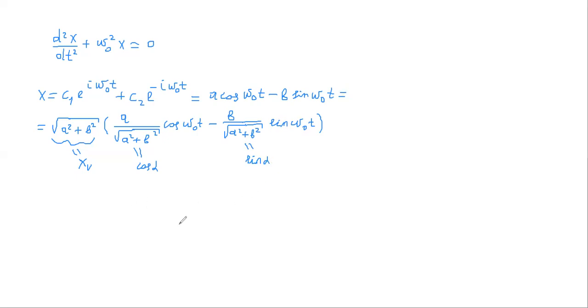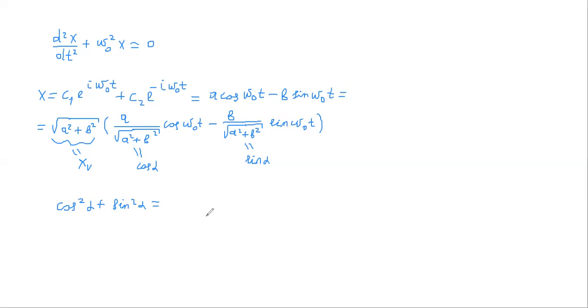Why can we do this? Because we have the main property of trigonometric functions: cosine squared plus sinus squared must be equal to 1.